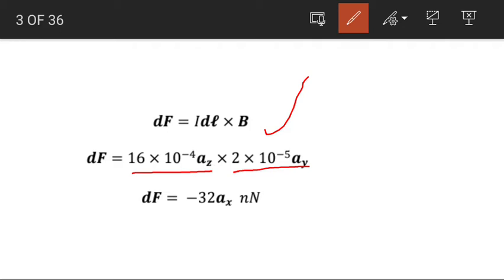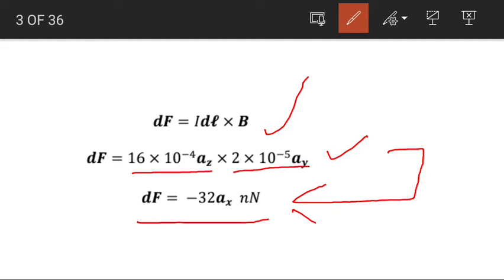We simplify this cross product, and this cross product results in the differential force, and the differential force is minus 32 AX nanonewton. This is the differential force which is experienced by this differential current carrying element.